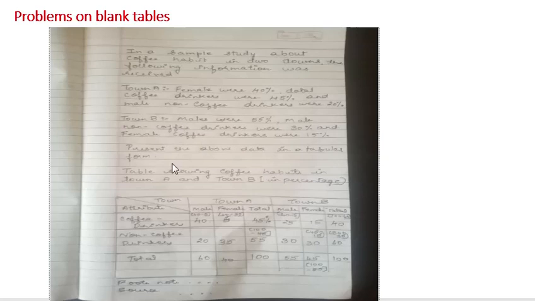Next we will see town B. Town B total, write down 100. Male were 55%. Write male total 55. So female is 100 minus 55, which is 45. Next, male non-coffee drinkers were 30%. So out of 55, 30 is non-coffee, so the remaining 25 is coffee drinkers.